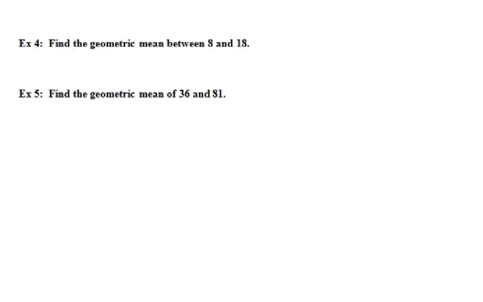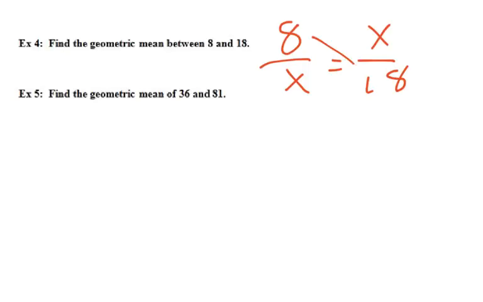Okay, let's try one. So example 4 says, what is the geometric mean of 8 and 18? So it's going to be kind of set up like this. Okay, I'm going to cross multiply, and all that's going to give me is 8 times 18 equals X squared.